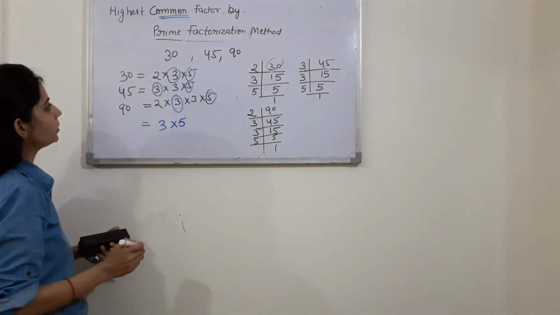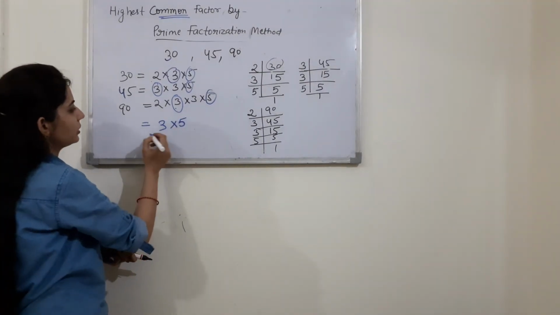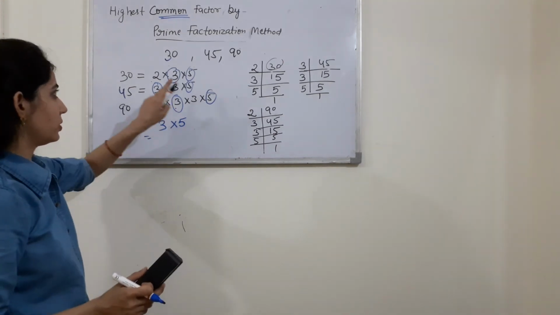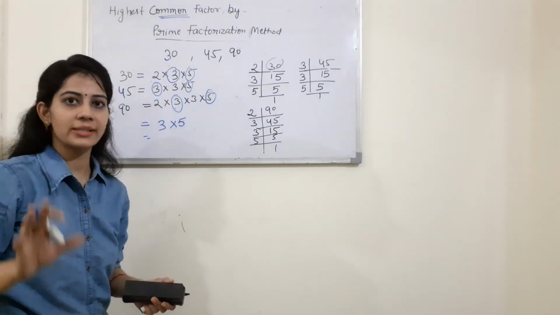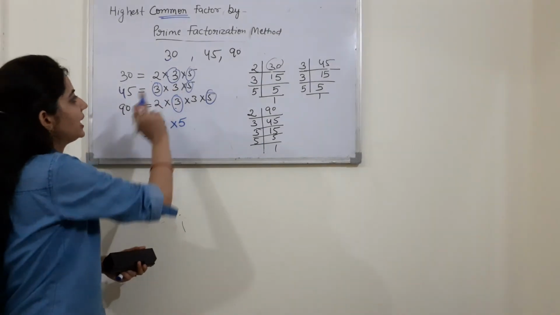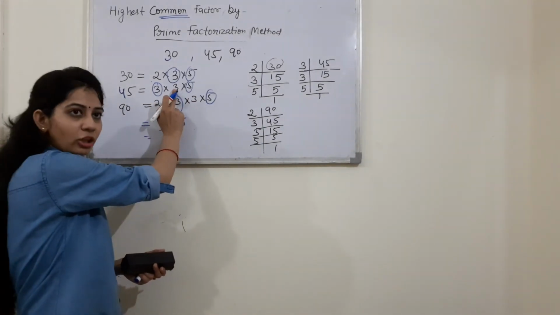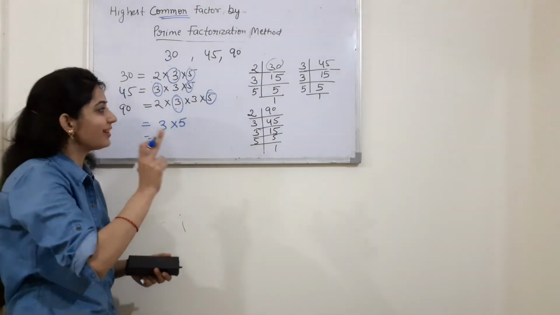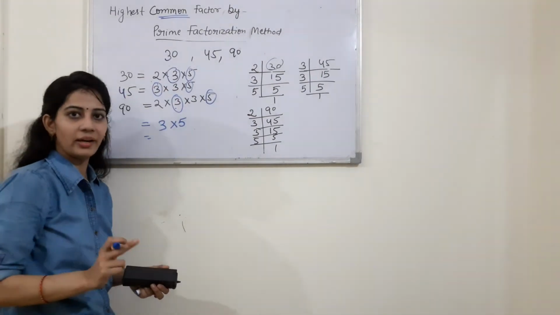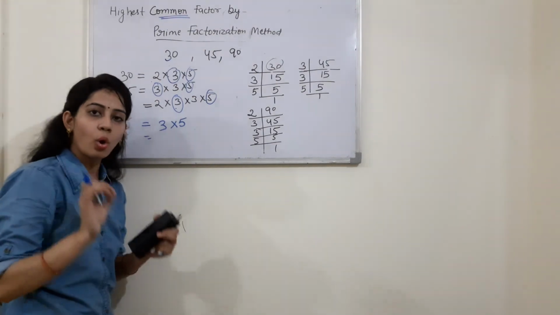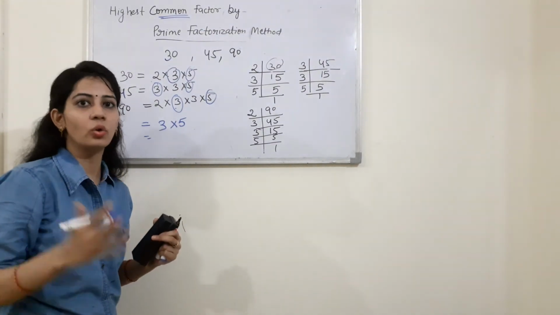Okay. So now you can see what numbers are left. 3 is here, 3 is here. You can see 3 is the factor of 45 and 90, but it is not the factor of 30, right? So it means all uncommon ones we will ignore. Okay?